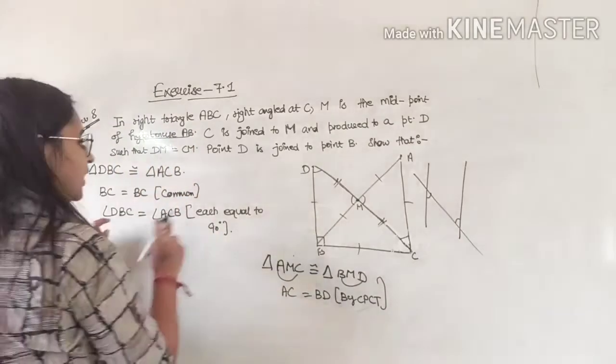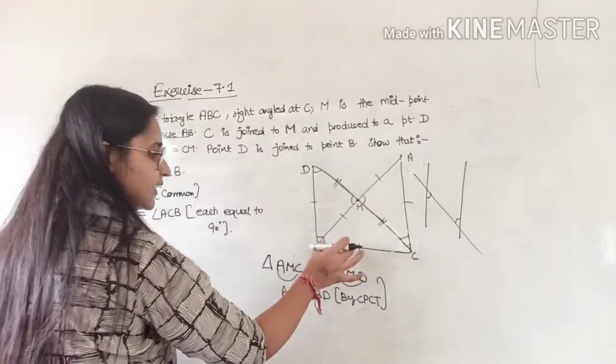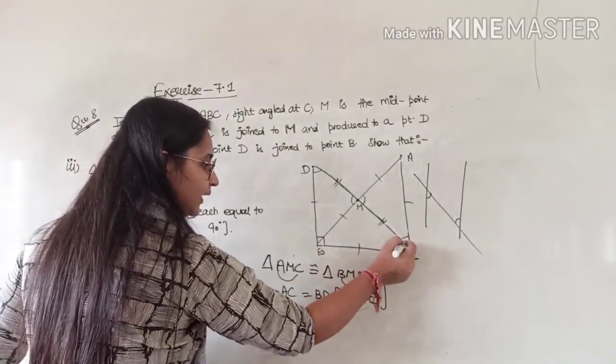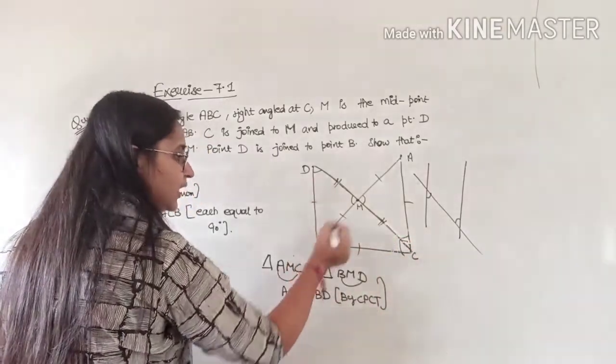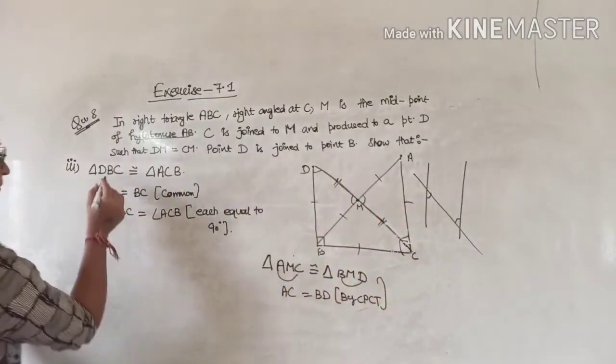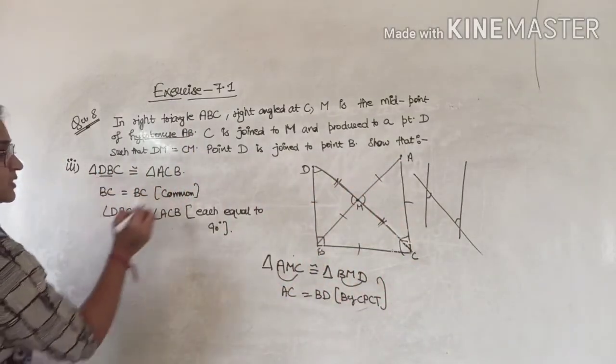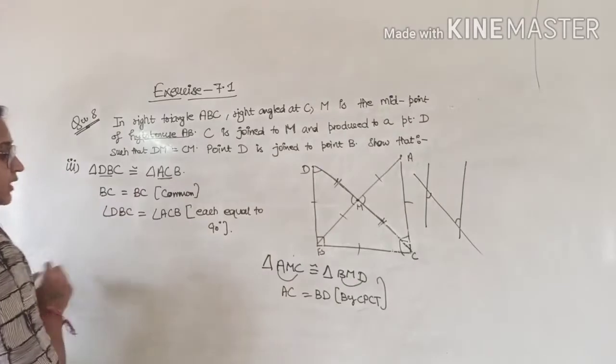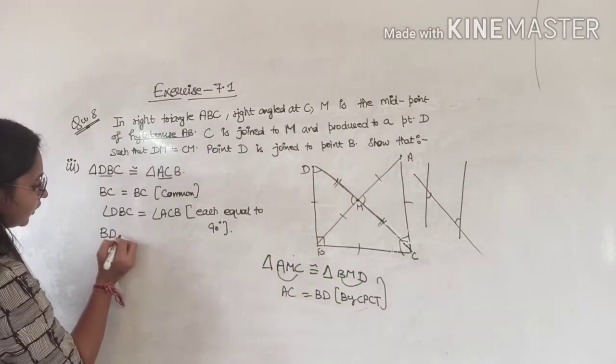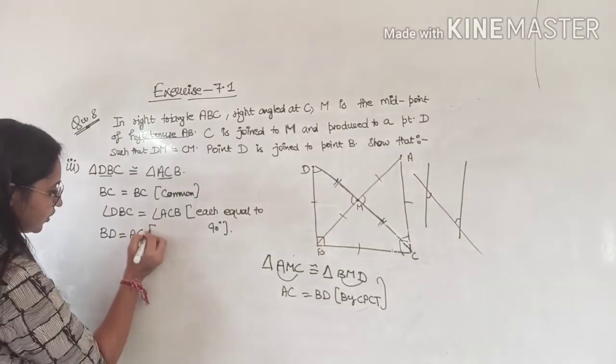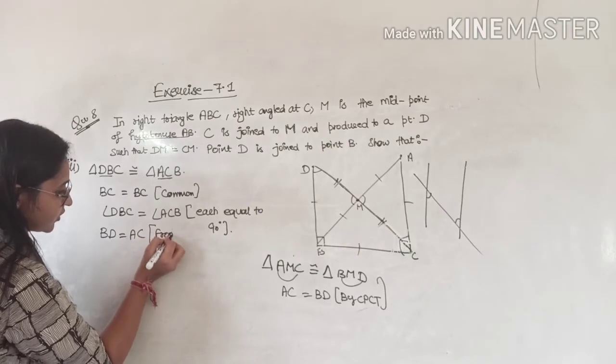See, BC is equal to BC, this angle is equal to this complete angle, and this line BD is equal to AC. You can write from the first part.